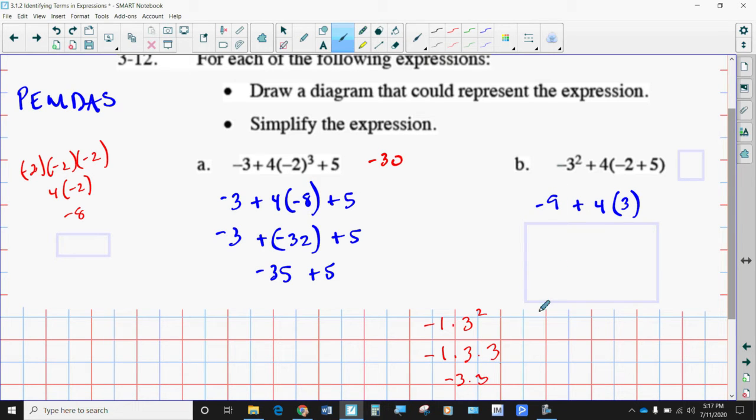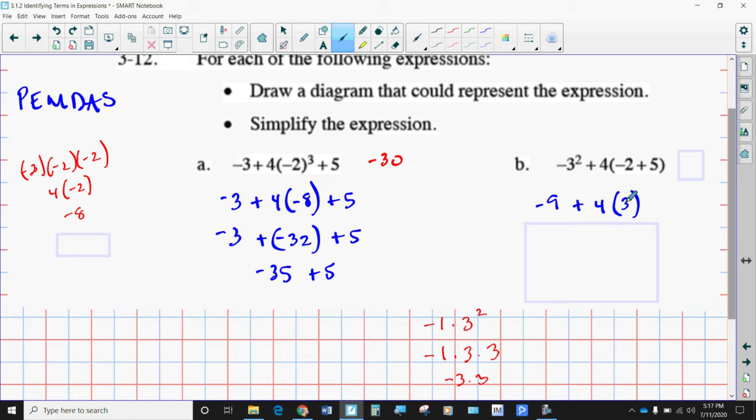That's supposed to be a 3 there, okay? So this is something that's a source of great confusion. We just need to practice it and understand how the order of operations works and what -3 literally means. It literally means the opposite of 3, or -1 times 3. So this technically is the opposite of 3 squared, which is -9.